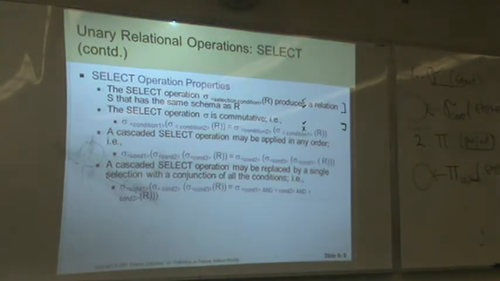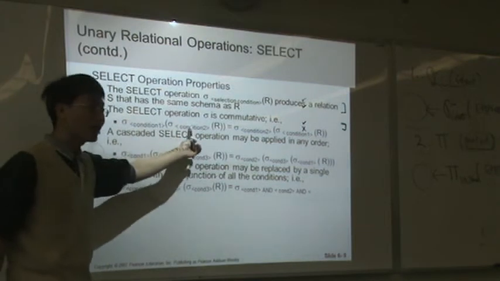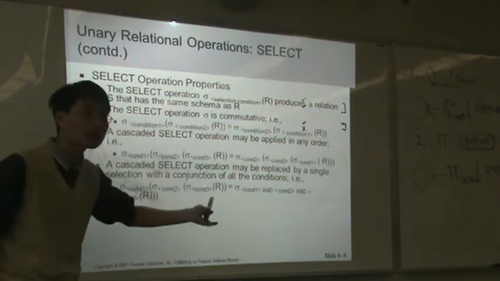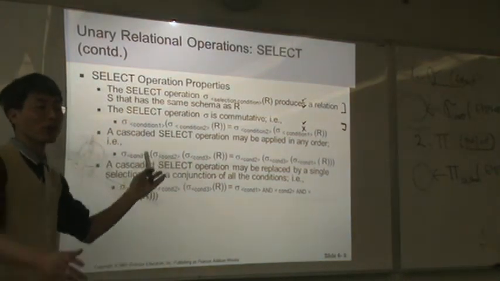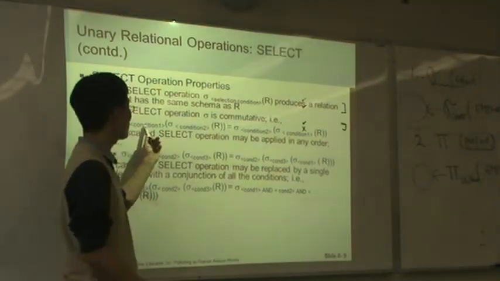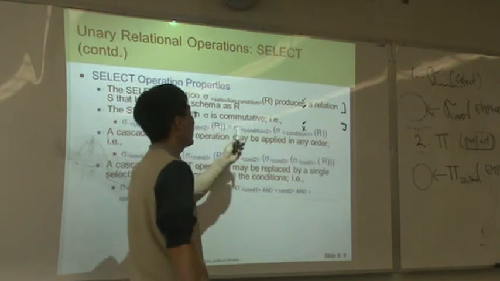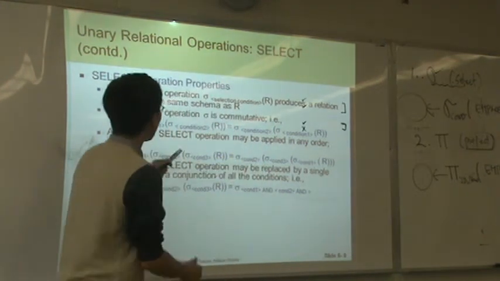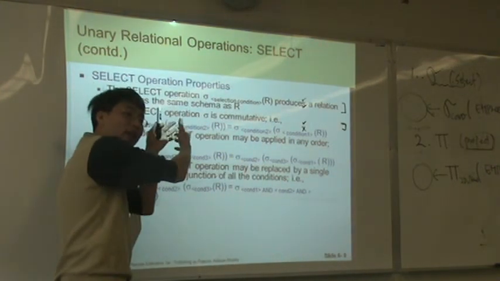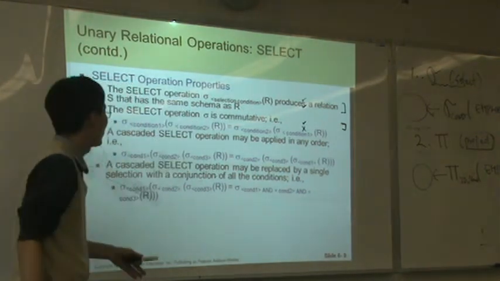I forgot to explain the select operation properties. Definitely, it allows commutative and associative rules that you know. You can change the order of conditions: condition 1 then condition 2, or condition 2 then condition 1, or you can combine condition 1 and condition 2.